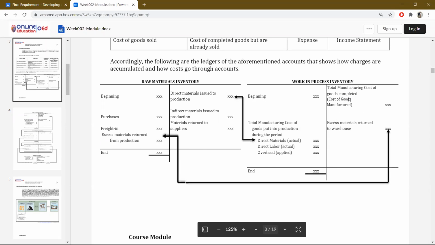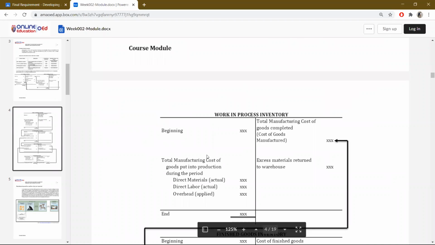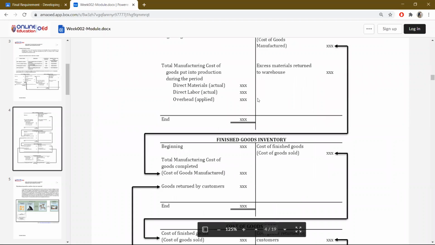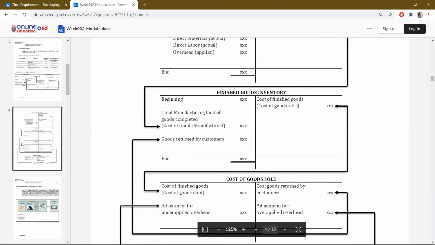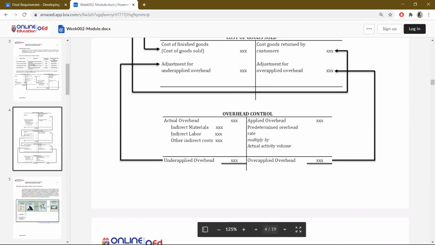Okay. So cost of goods manufactured, adding here. Total manufacturing cost. That's for work in process inventory. The presentation may look different, but it is easier to see with the accounts.